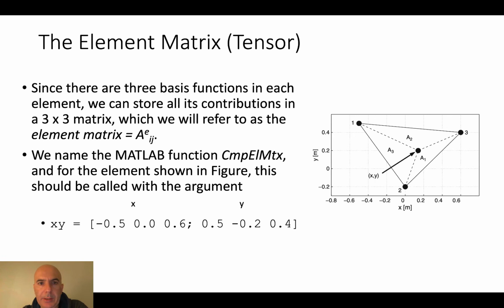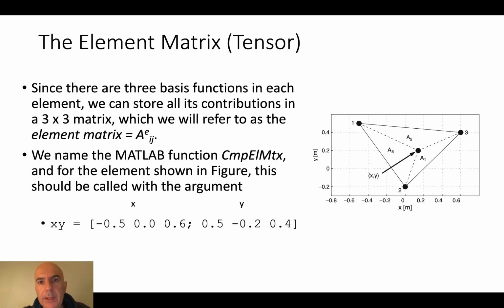The element matrix is a tensor. Since there are 3 basis functions in each element, one for each node of the element. Remember that the interpolation functions or basis functions are those functions that are equal to 1 at that particular node, and then have a linear behavior next, in the adjacent nodes, and then 0 all outside these nodes.